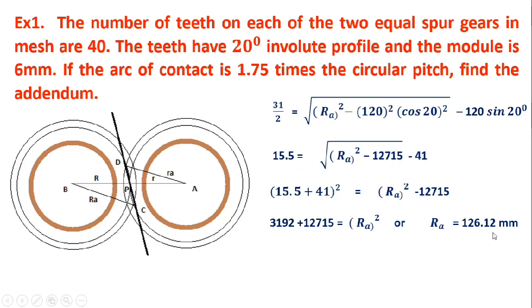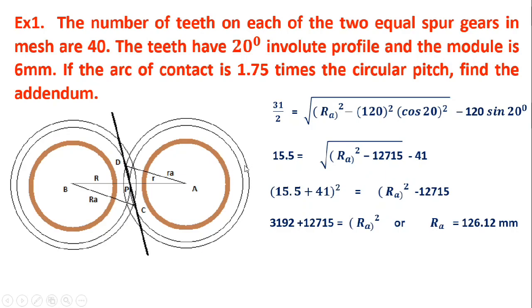Now what is this Ra? It is the addendum circle radius of both gear and pinion, 126.12 mm, because it is the same. But in the question, we have to find the addendum. Now what is this addendum? Addendum is the distance between the pitch circle and the addendum circle. That is, technically, it is the addendum circle radius minus the pitch circle radius.